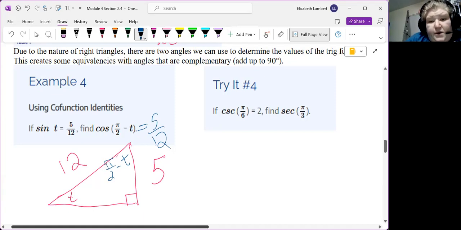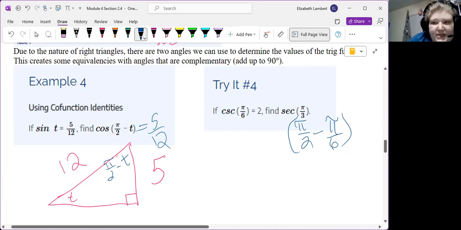All right, over here, cosecant of pi over 6 is 2. So the secant of pi over 3, now note here, pi over 3 is pi over 2 minus pi over 6. So that's our alpha beta situation. Cosecant and secant, that's 1 over sine and 1 over cosine.